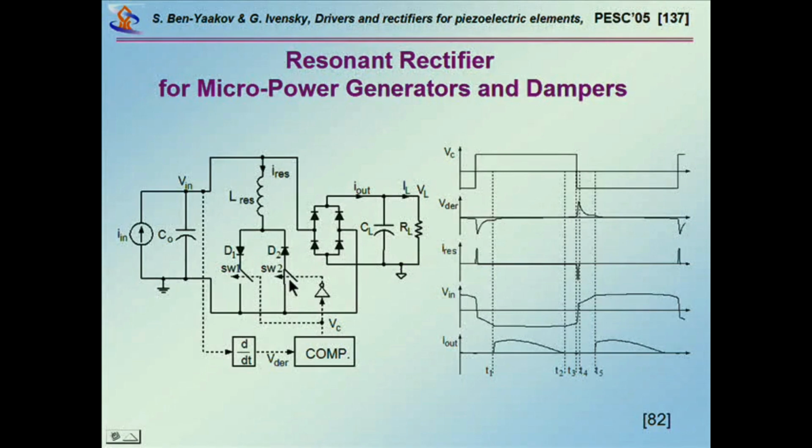Okay, I'm going to move now to a different rectifier, and that's a resonant rectifier. And this is for the situation in which we have a generator or a damper, which we talked about at the beginning, which is a current source. And we would like to harvest, to get maximum electrical energy out of this.